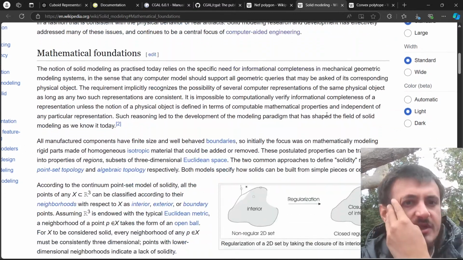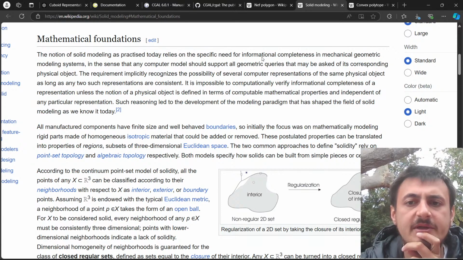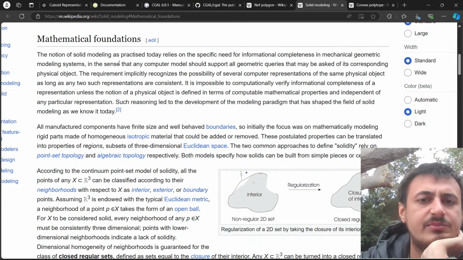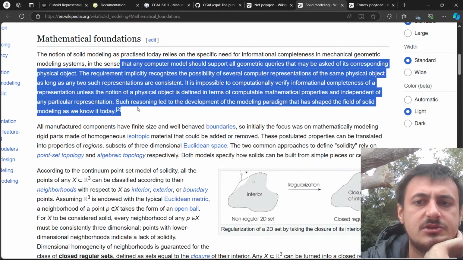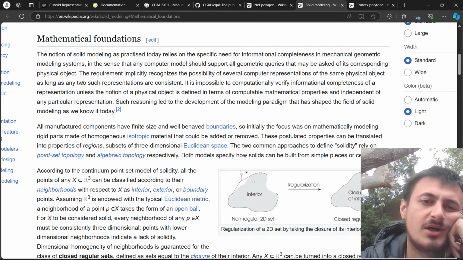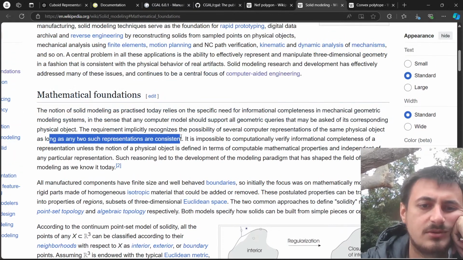Okay. The notion of solid modeling as practiced today relies on the specific need for informational completeness in mechanical geometric modeling systems, in the sense that any computer model should support all geometric queries that may be asked of its corresponding physical object. That's a very broad statement. The requirement implicitly recognizes the possibility of several computer representations of the same physical object, as long as any two such representations are consistent.